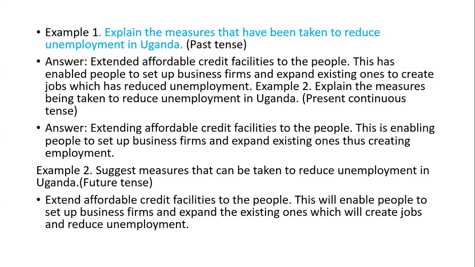If you're talking about land tenure system, then you simply come and say expanded or provided access to the favorable land tenure system. And what has that one done? It has given access to people to access land, to set up investment, which has ended up creating employment.